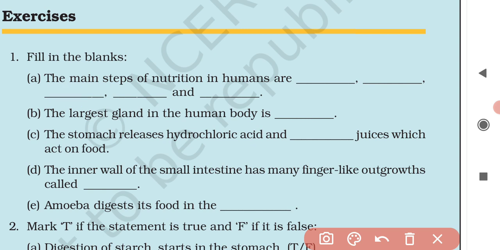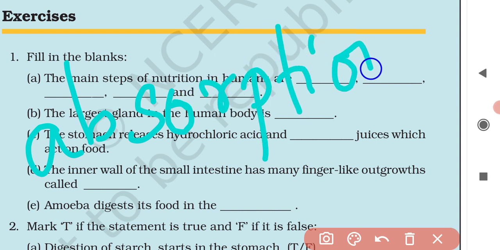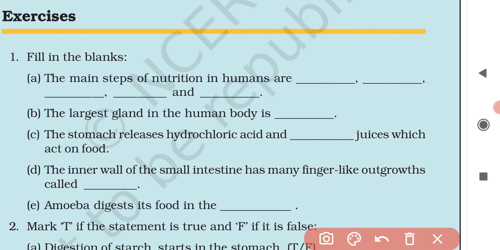Third step is absorption. Absorption. Third step. Fourth step, you will write over here, is assimilation.